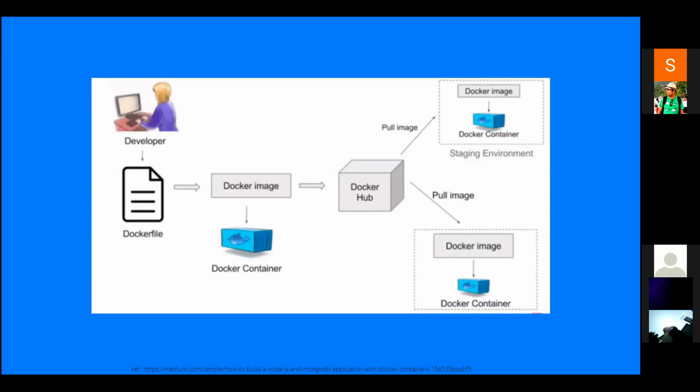I want to create a Docker container, like a virtual machine with the Ubuntu OS. So what I will do is write a Dockerfile and create a Docker image from it. Once the Docker image is created, I can run it and create as many containers as I require.